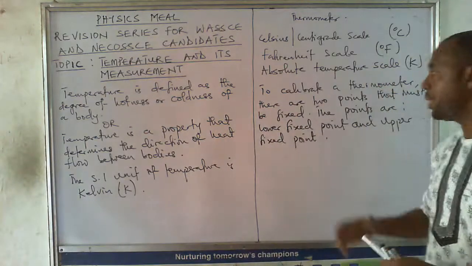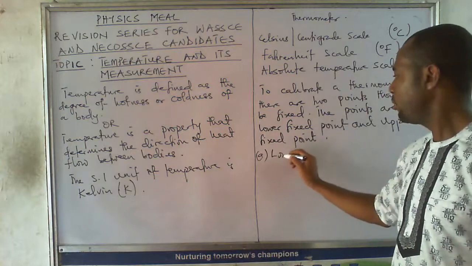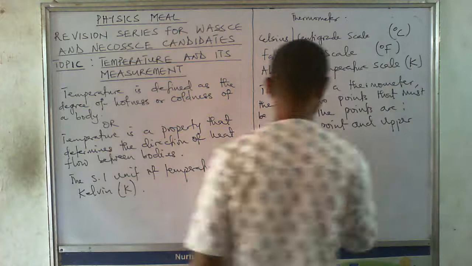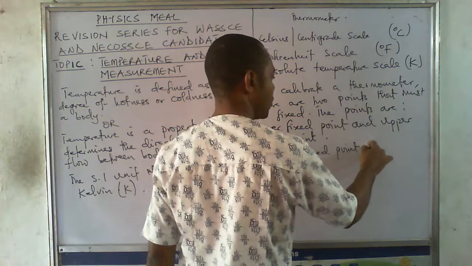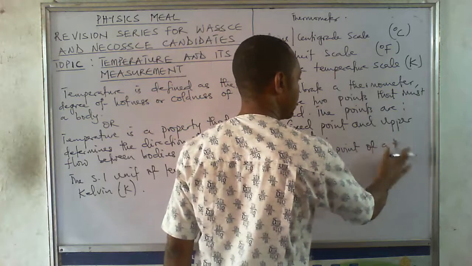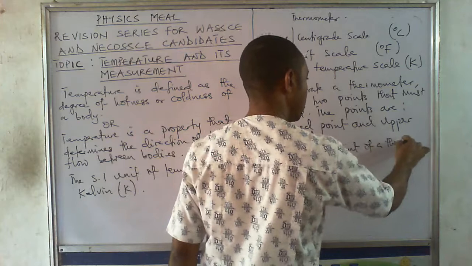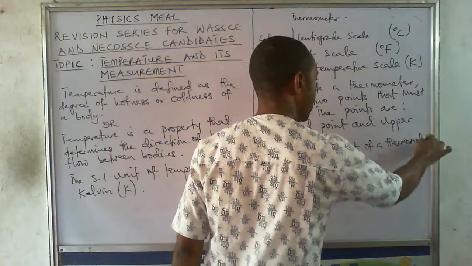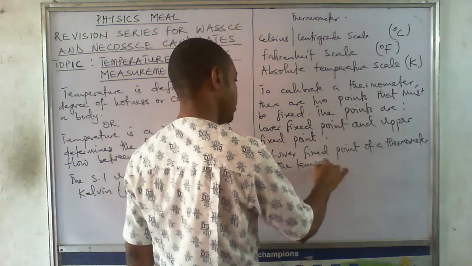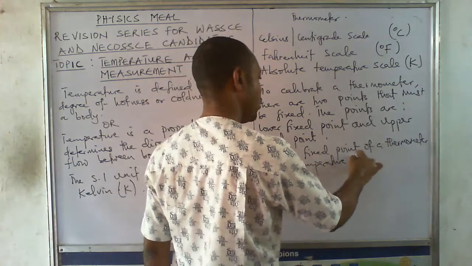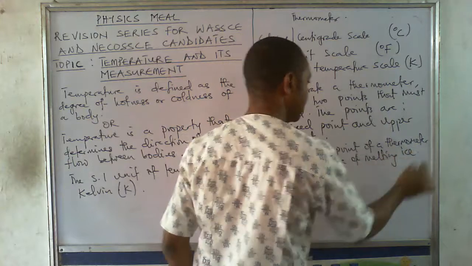So what do we mean by lower fixed point? The lower fixed point of a thermometer is the temperature of melting ice.